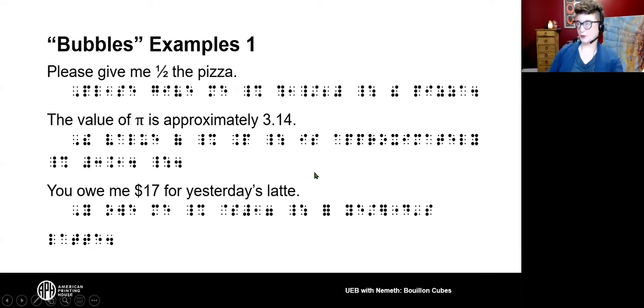If we just had one word, then we could use that single word switch that we met earlier, dots 6, 3. But we have two words between chunks of material that need to be in Nemeth code, two words between bubbles, which means we have to have separate bubbles, and we need to go outside of a bubble to transcribe our two words, is approximately.